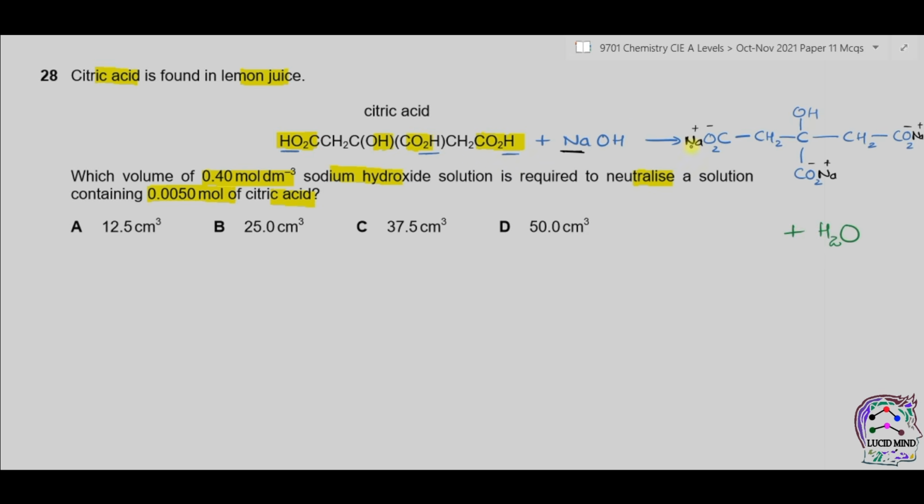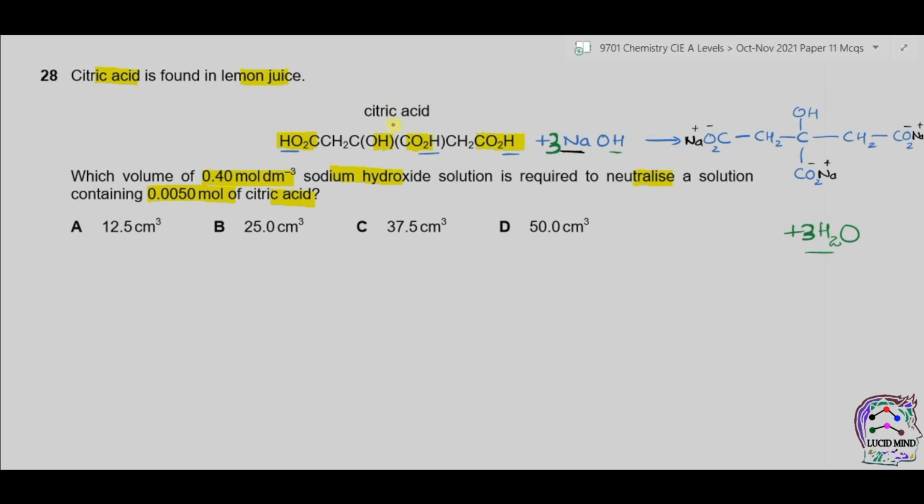Now as we can see that 3 sodium atoms have replaced 3 hydrogen atoms, so it means 3 moles of NaOH will be required. And also 3 water molecules will be formed. This is because now we have 6 hydrogen atoms on the reactant side and 6 hydrogen atoms on the product side.